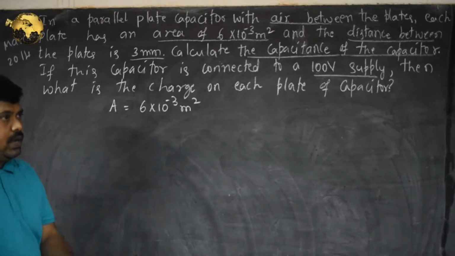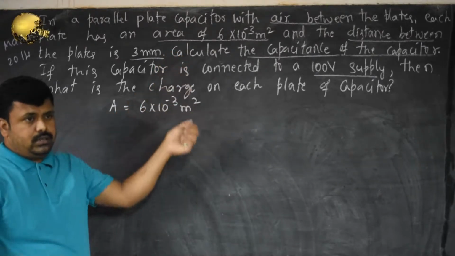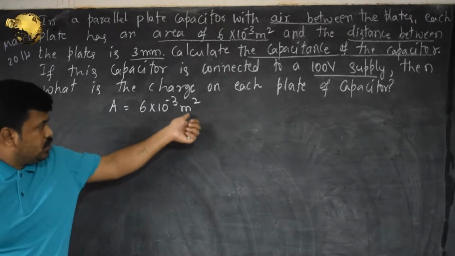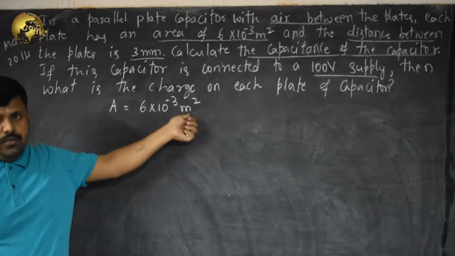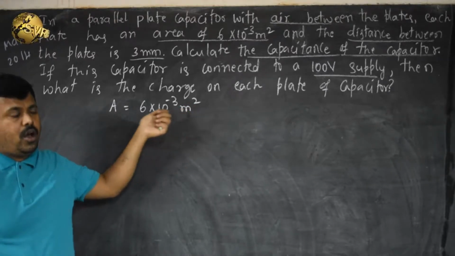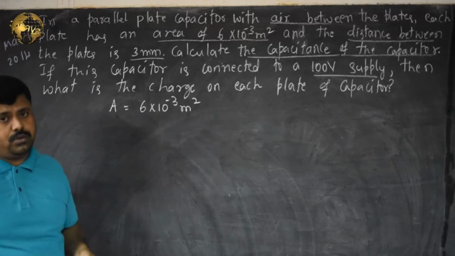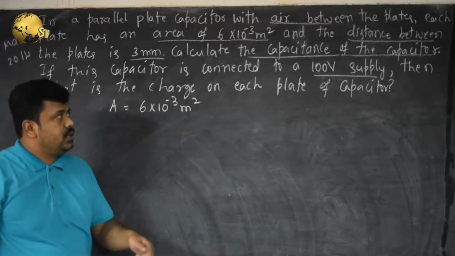If you find it difficult to identify the quantity through the wording, look at the unit. If you have a look at the unit meter square, obviously it has to be area.